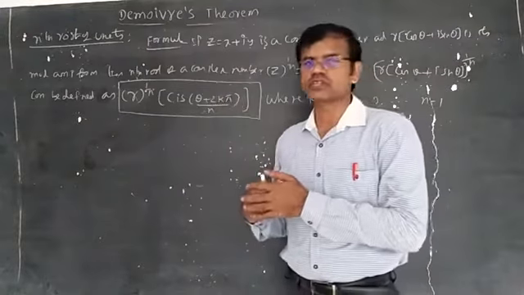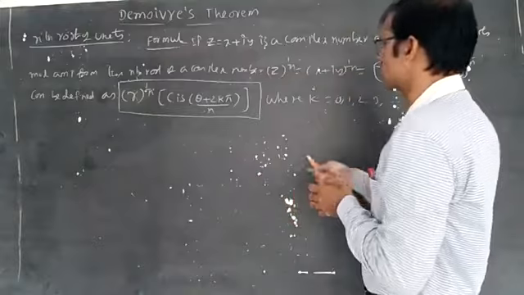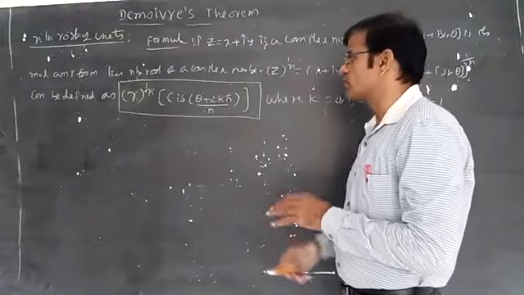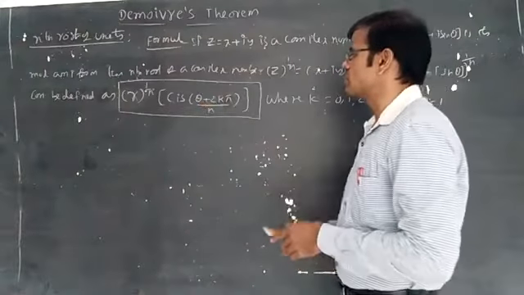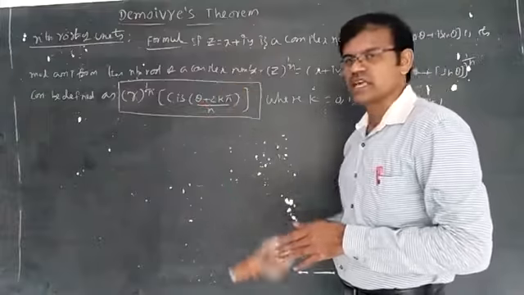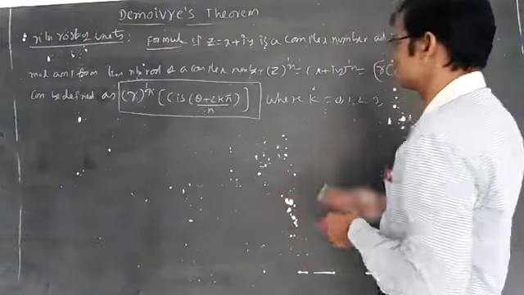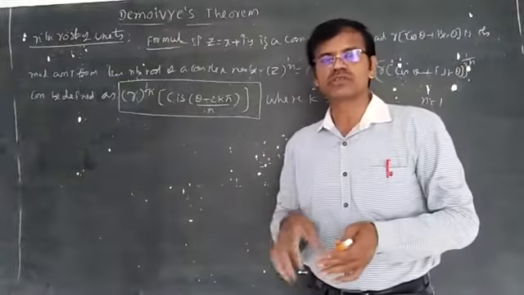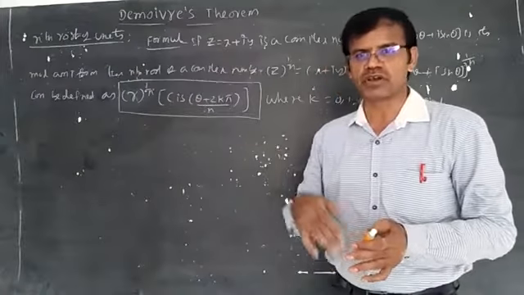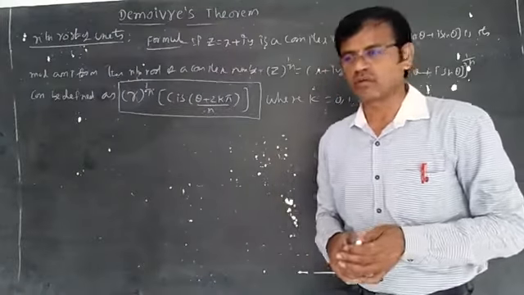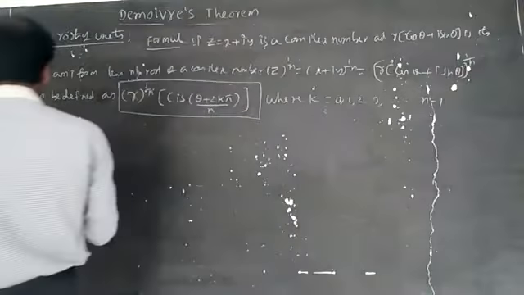Plenty of rotations you can manage, but it depends upon n only. The k we are using should be less than n, so up to n minus 1. Sir, why are you using 0? 0 is nothing but the starting angle for the trigonometric ratio. Now put n inside it.